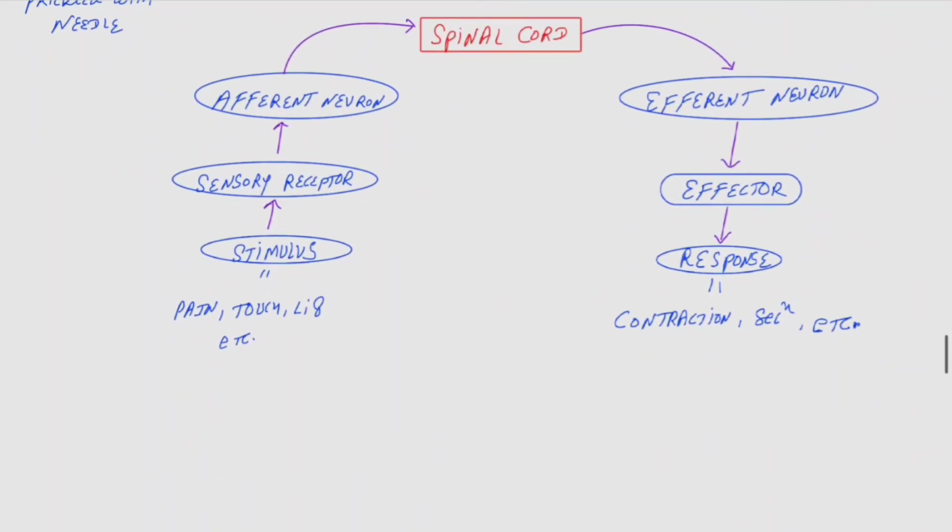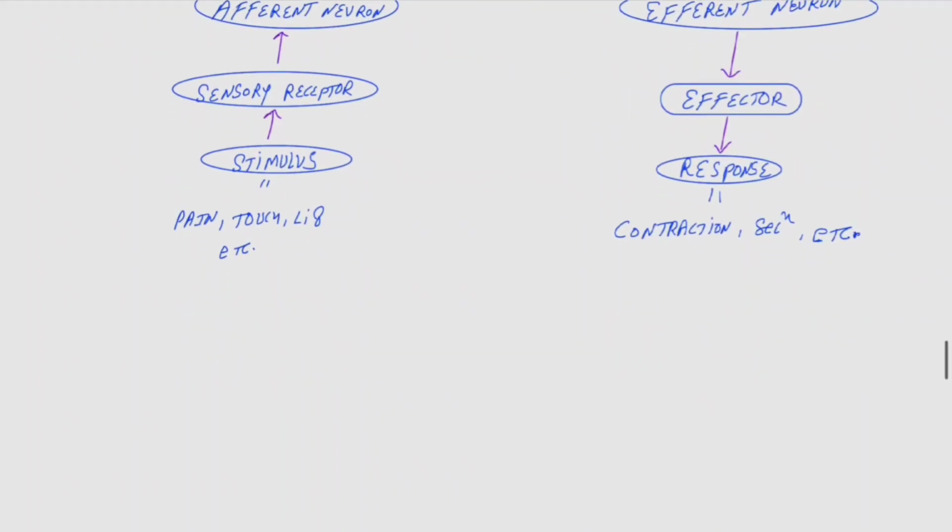Now let's talk about types of reflex, or reflex controlled by different parts of the brain. Our first reflex is spinal. It is completed by the spinal cord, and the reflex action is done by the spinal cord.